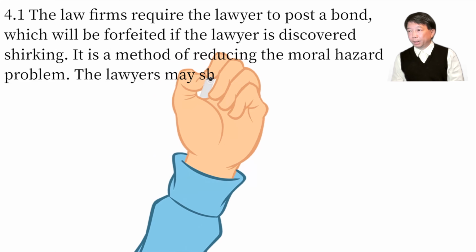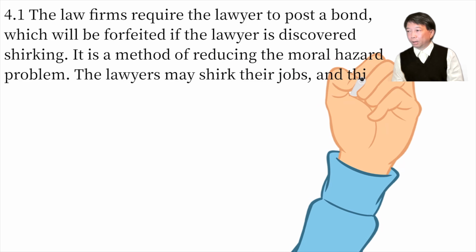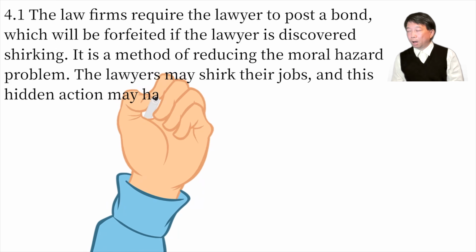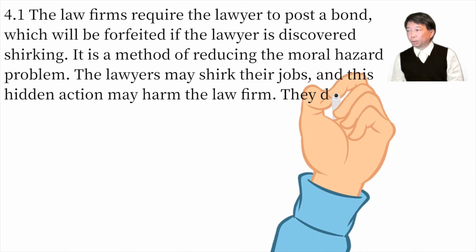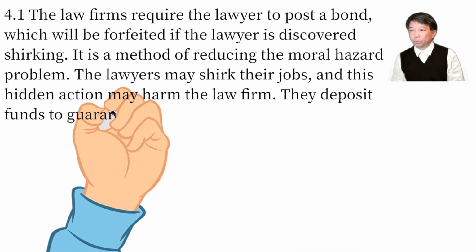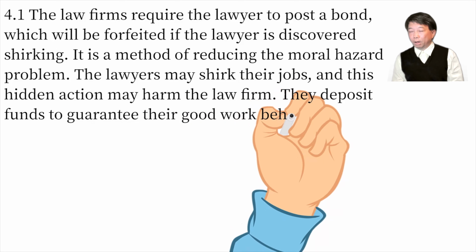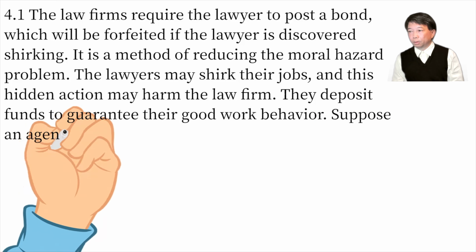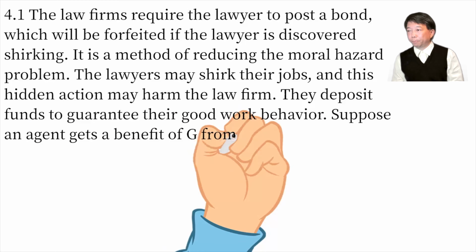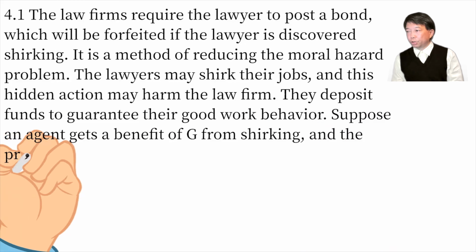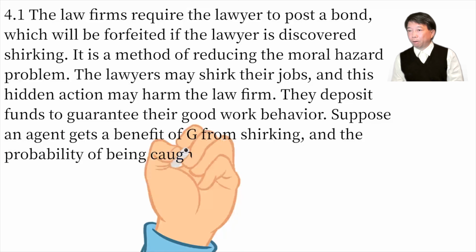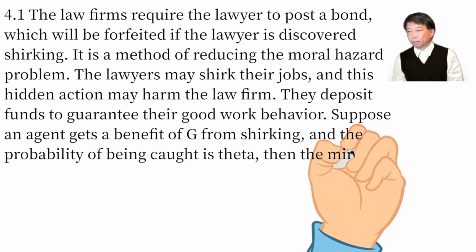The lawyers may shirk their jobs, and this hidden action may harm the law firm. The lawyers deposit funds to guarantee their good work behavior. Suppose an agent gets a benefit of G from shirking, and the probability of being caught is theta.